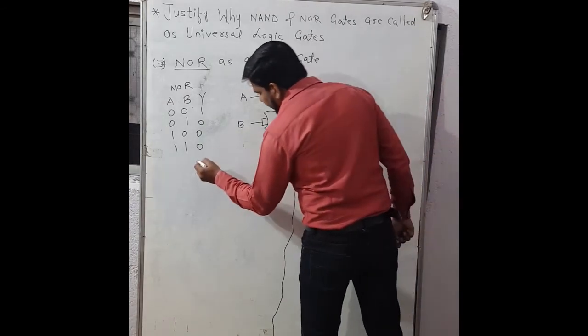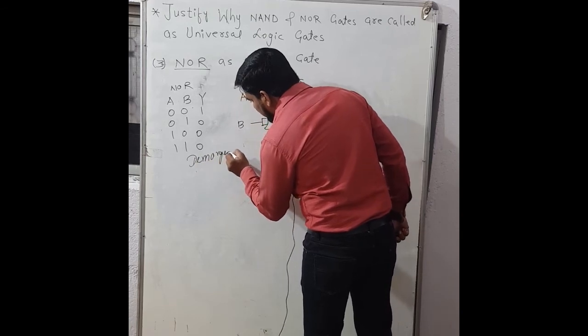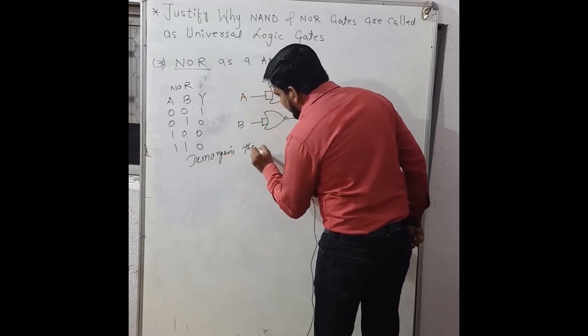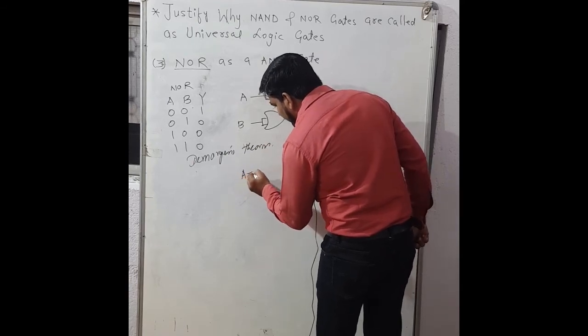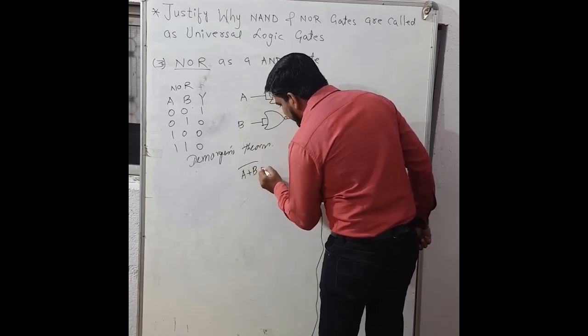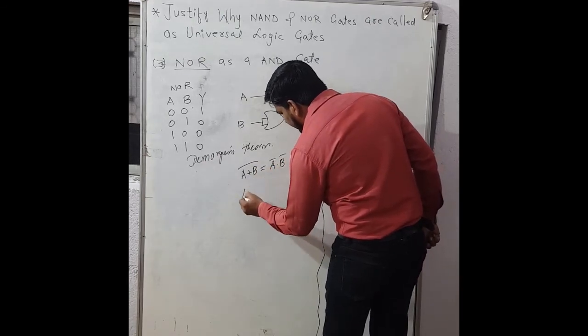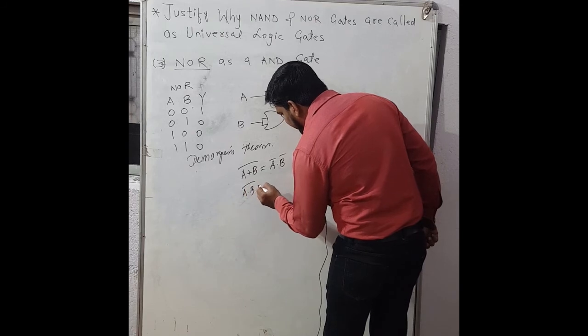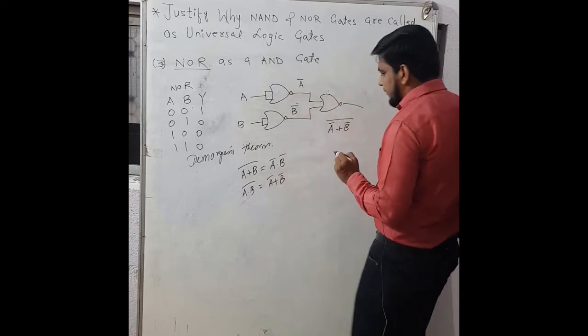And according to De Morgan's theorem, we know that A plus B whole complement is equal to A complement dot B complement, and A dot B whole complement is equal to A complement plus B complement.